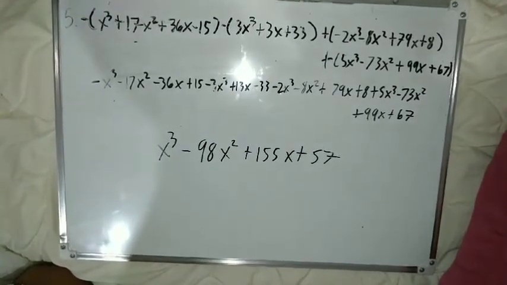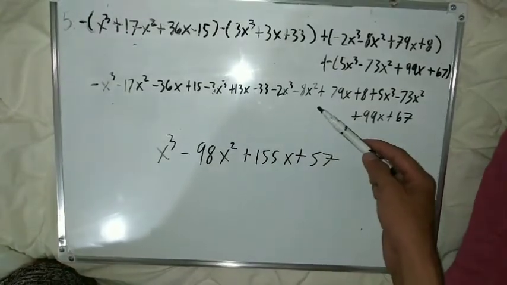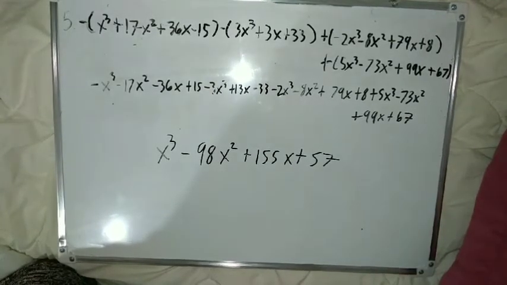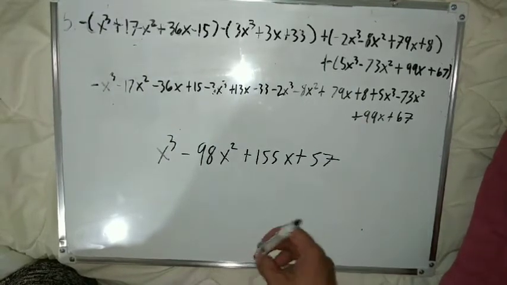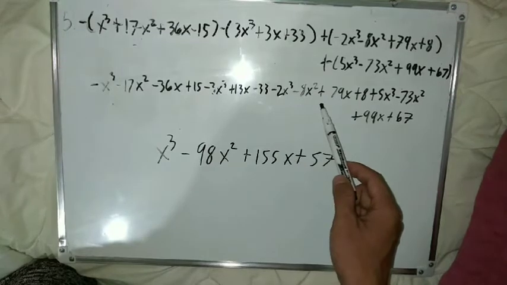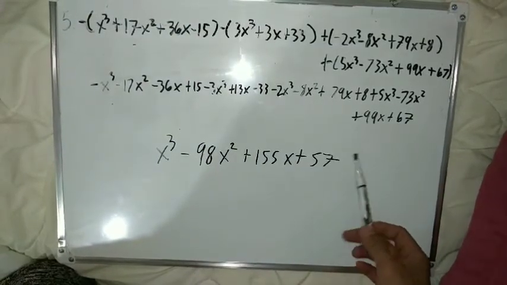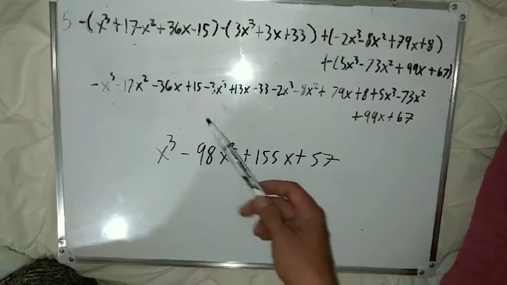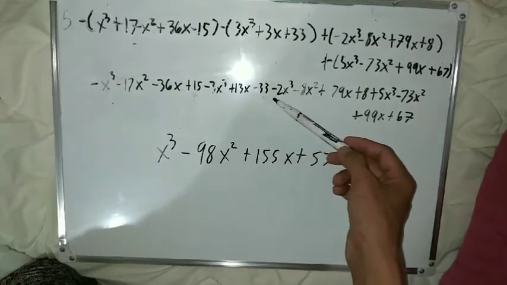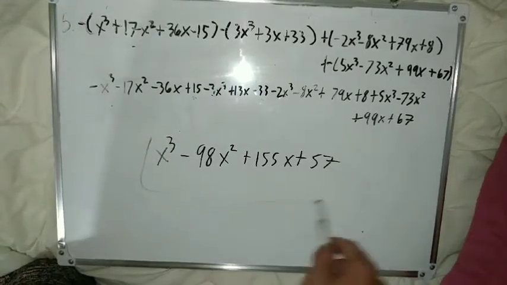Then for the x squared, negative 17x squared minus negative 8x squared and negative 73x squared. So the answer is negative 98x squared. Then the variable x here is negative 36x, 13x and 79x and 99x. So the answer is 155x. Then for the 15 and minus 33 and plus 67, the answer is 57. So that's the answer for problem number 5.